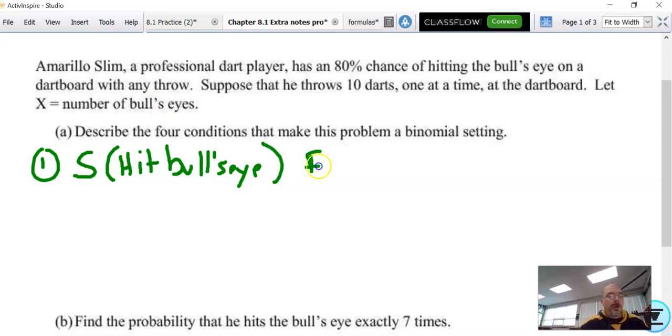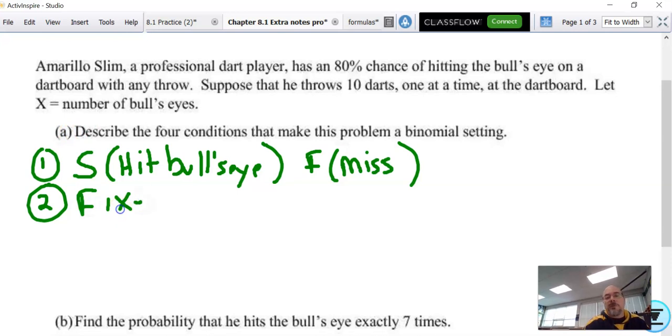Failure, obviously, would be miss. I'm just going to put miss bullseye to save time. Number 2, fixed number of trials. I'm just going to put fixed, but you be specific. Fixed, 10 darts. It's right there.